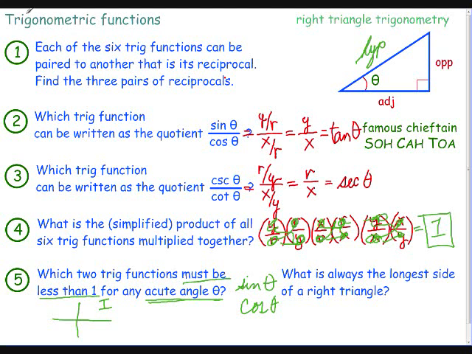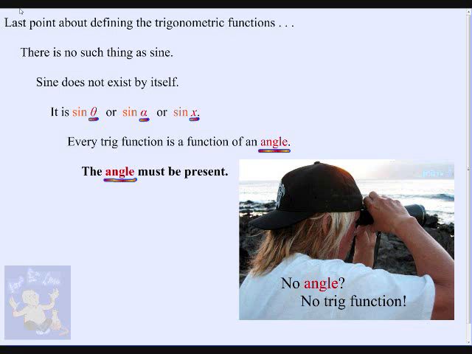We just dealt with a lot of conceptual stuff related to trig functions. I hope that was fun for you. This comes right out of your workbook. When you're defining trig functions, this is so important. There's no such thing as sine.